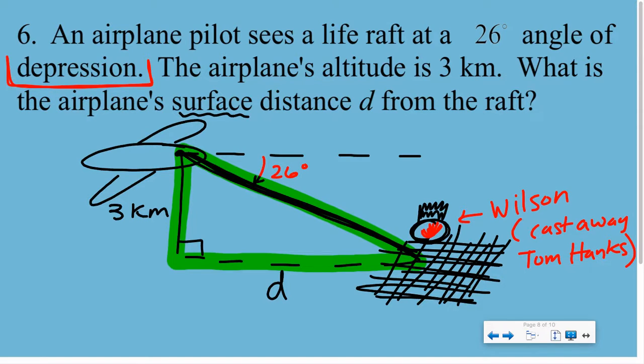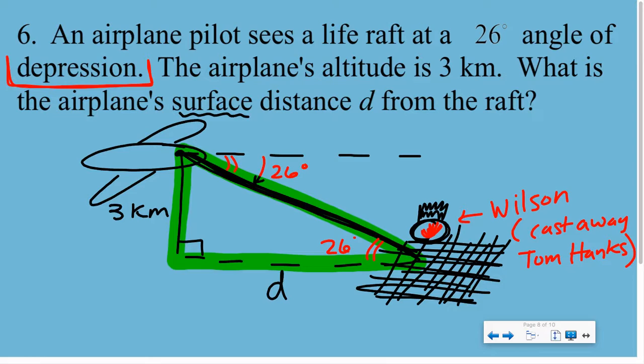So we're going to have to figure out what one or both of the other acute angles are. 26. The one adjacent to it? Good, because our horizontal lines are parallel. Alternate interior angles will be congruent. Your angle of depression and your angle of elevation will always be congruent between the same two objects.